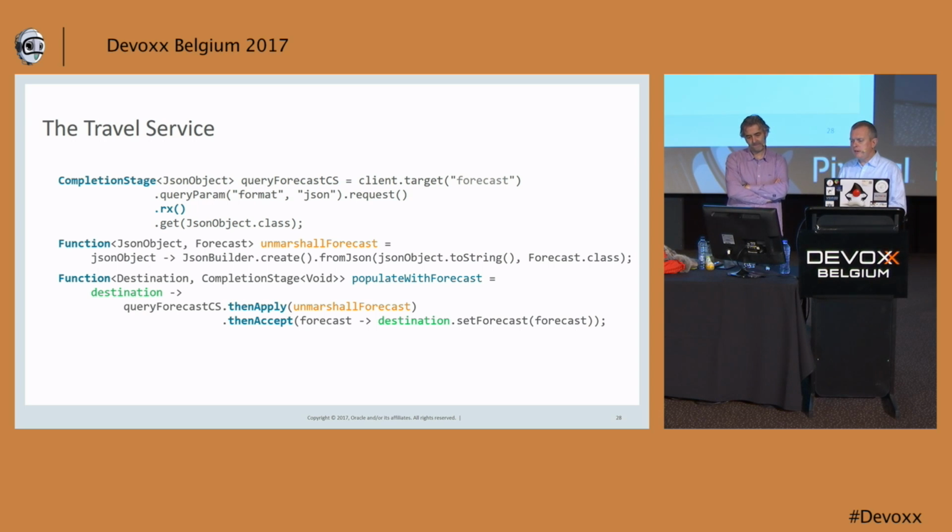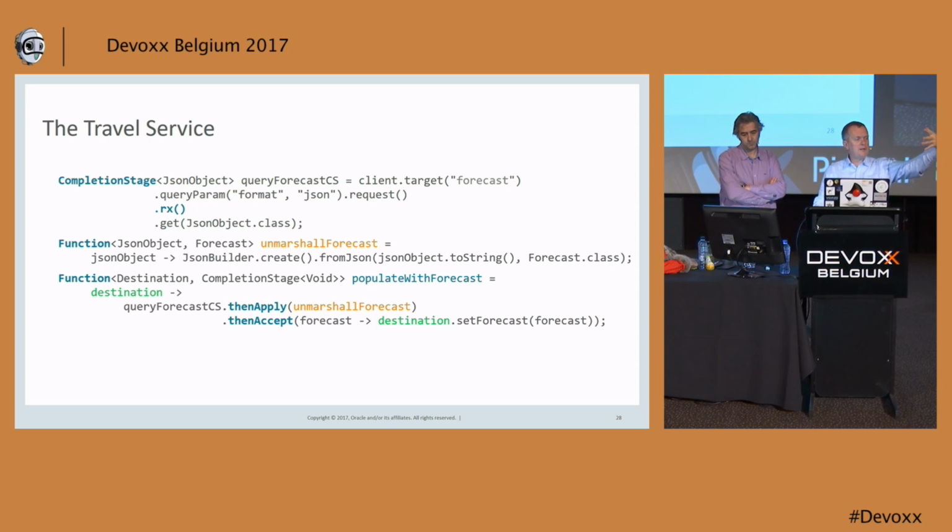Now, the choice that has been made here is that we have a destination object. This is our model, and in that destination we have some kind of forecast property. And the system is going to set the value inside this destination object. So we could have made other choices, but this is the design choice that we've made.